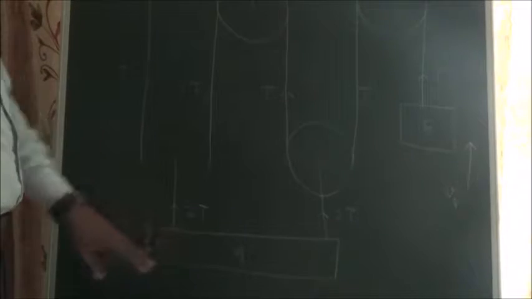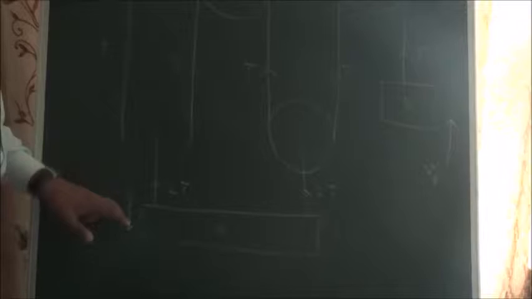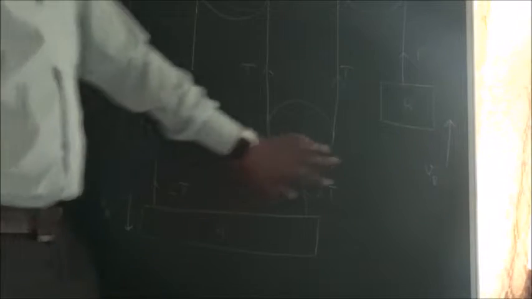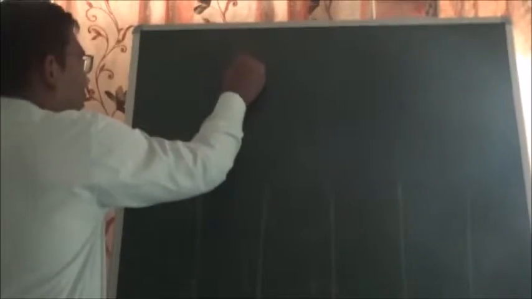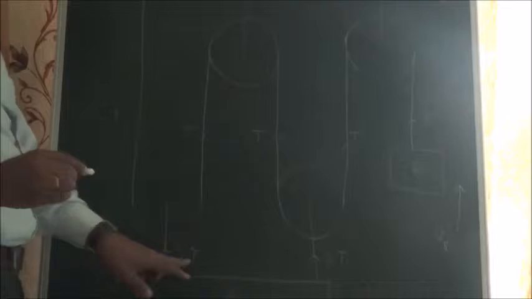So how to determine the relation? Let us say the velocity assigned to block A is VA, and block A is moving downwards. Velocity assigned to block B is VB, and say this is moving upwards. Now apply the concept: the tension in the strings to which block A is connected is 2T and 2T, which comes out to be 4T.